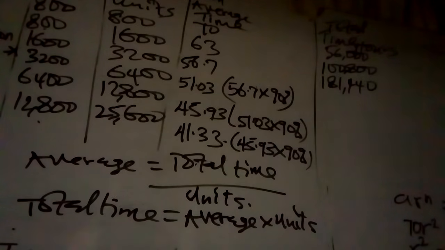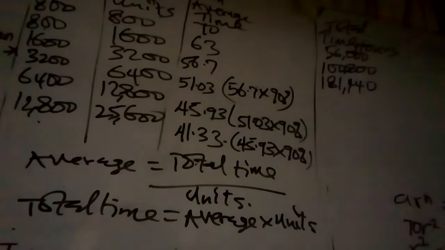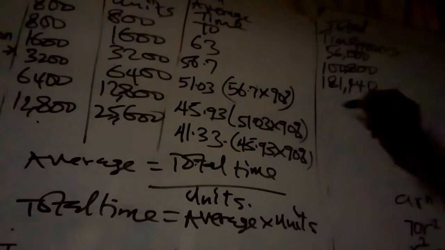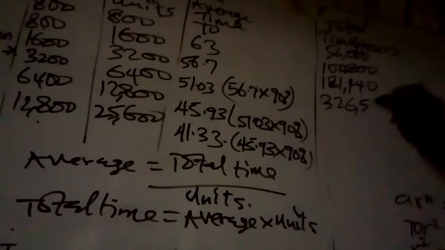Then to get for January, you have 6,400, which is the cumulative output, times 51.03, and you have 326,592.